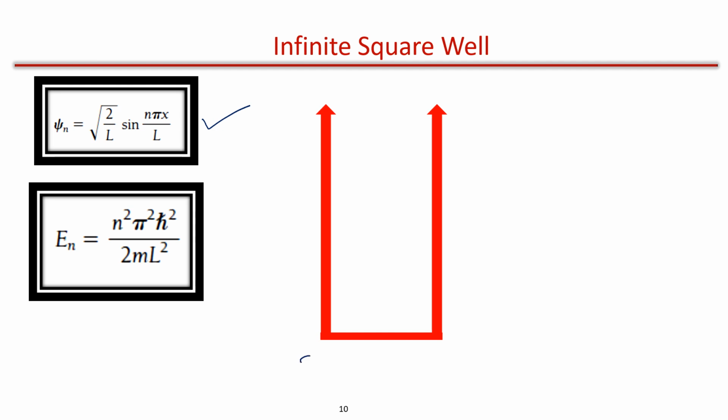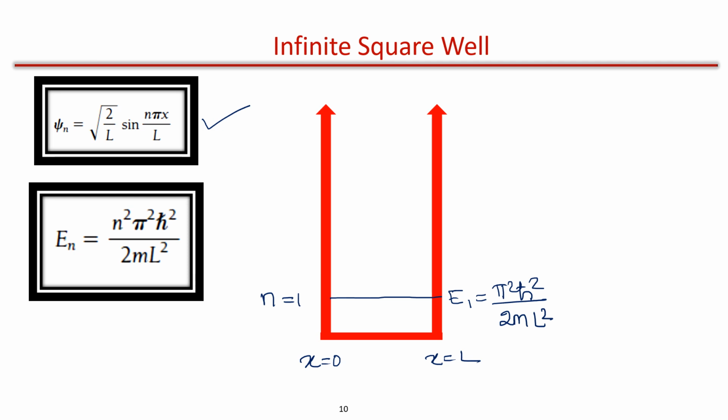The length is L. So from this we can write, for n is equal to 1, E1 is equal to pi squared h cross squared by 2 m L squared. Please note that energy is a function of n, so we are writing here En.